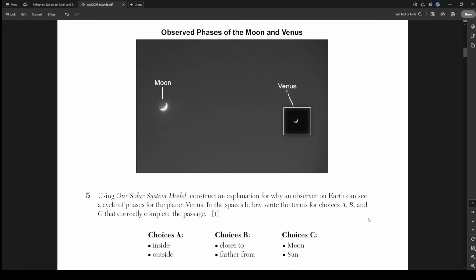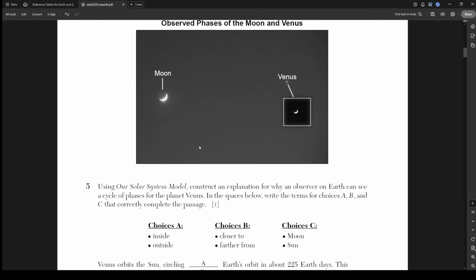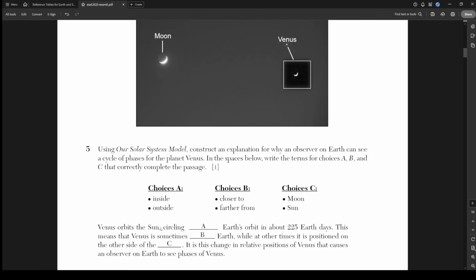So just thinking right now, the reason you see phases is because the position of the object and you is changing relative to where the sun is. So the sun's hitting a different angle of that object, so you see it lit up in a different way. So Venus orbits the sun, circling blank Earth's orbit, inside.